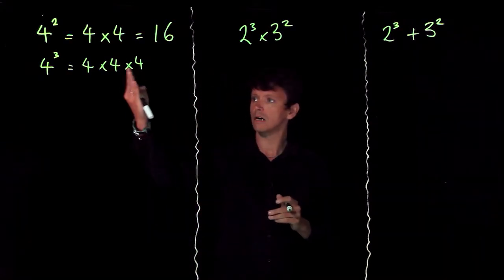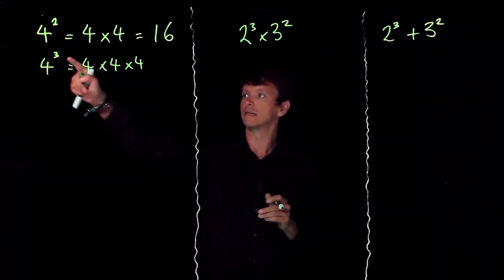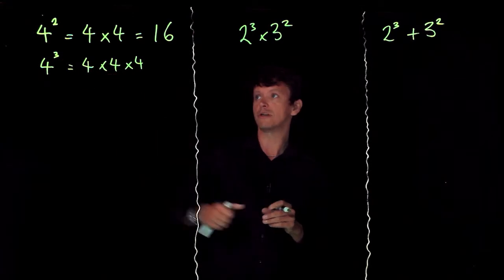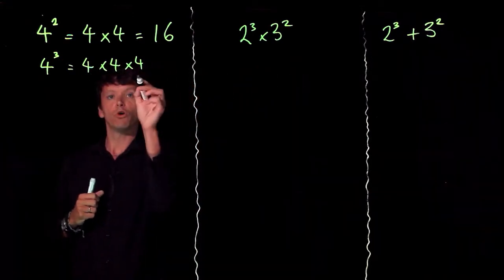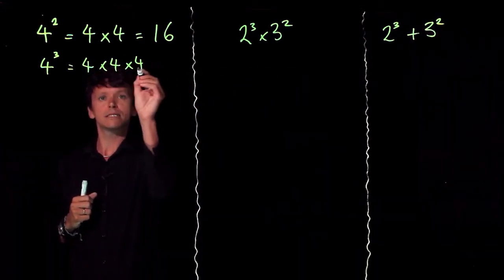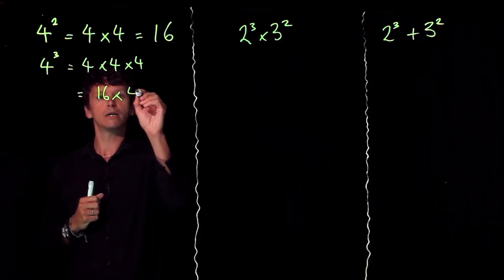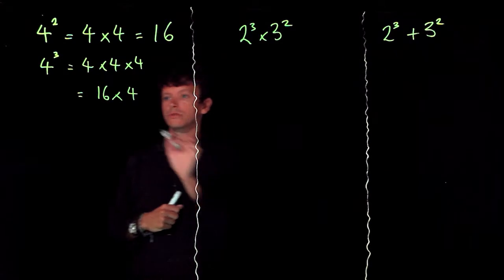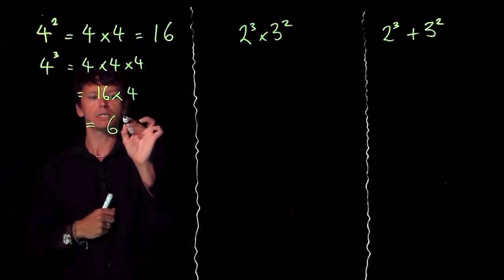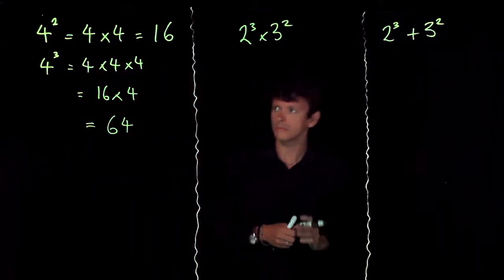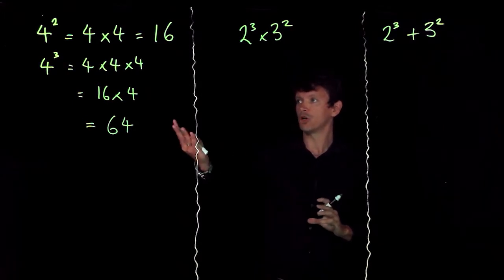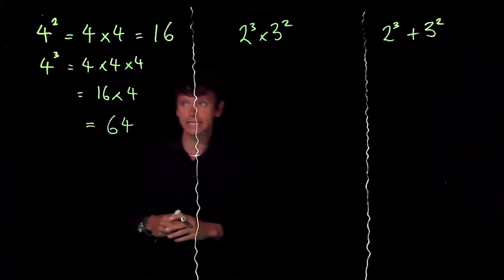So it's the number times by itself again. We're looking at a power of 3. So 4 times 4 we know is 16. So we are looking now at 16 times by 4, which equals 64. 4 cubed.